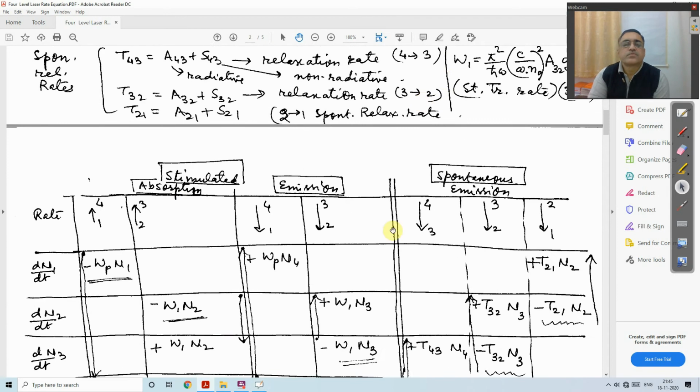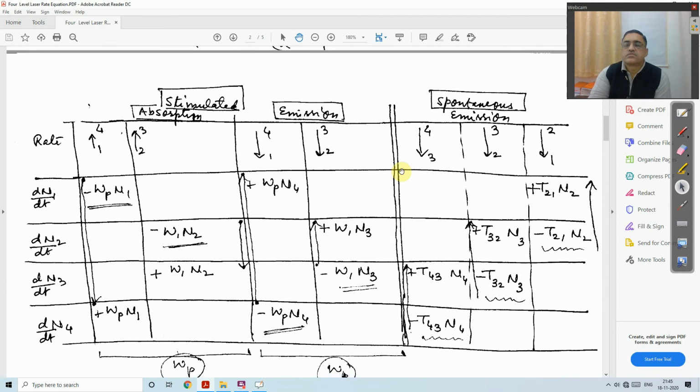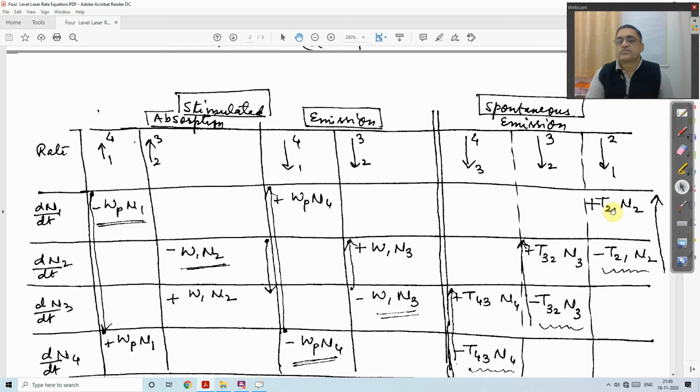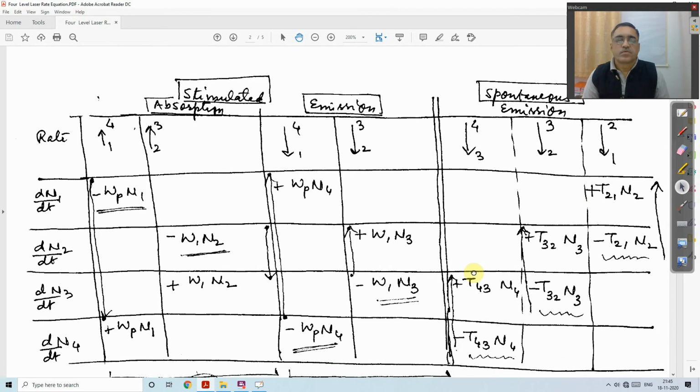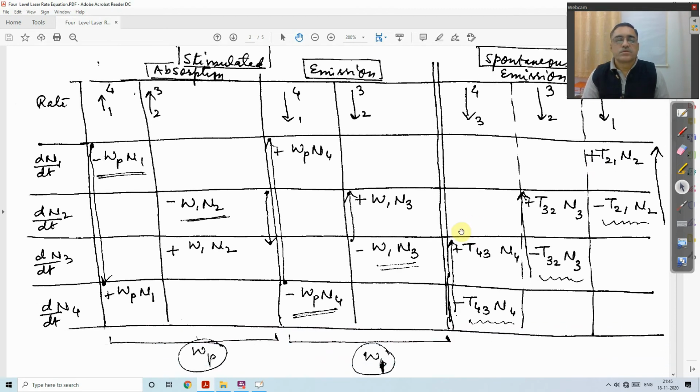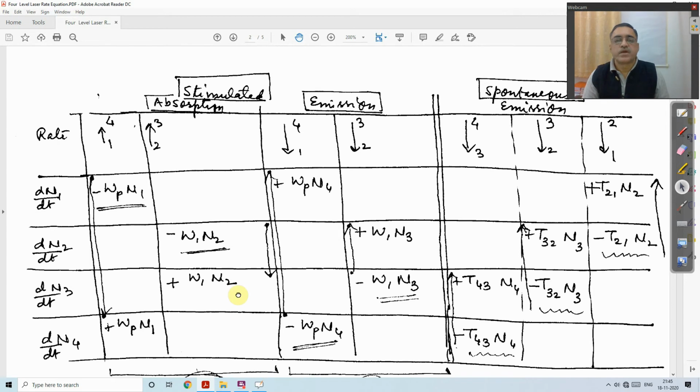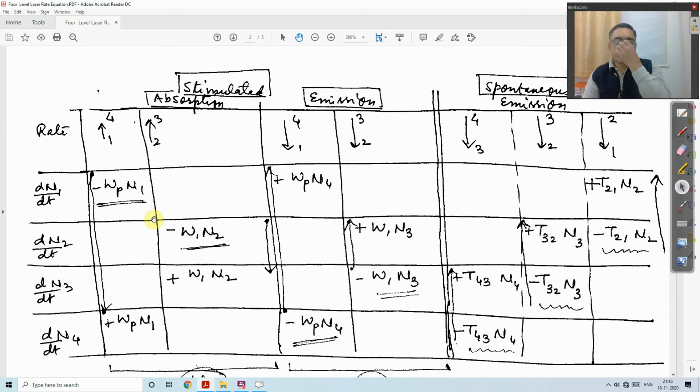Moving further, as earlier, we write it so as to give a better understanding of what is going on. Now you see, this part is stimulated emission, absorption, and you may invert it.